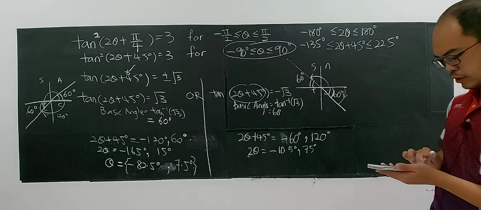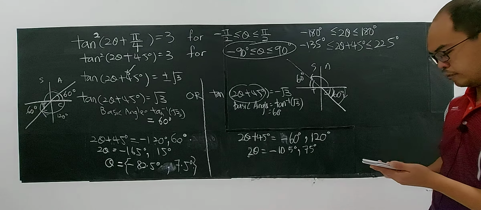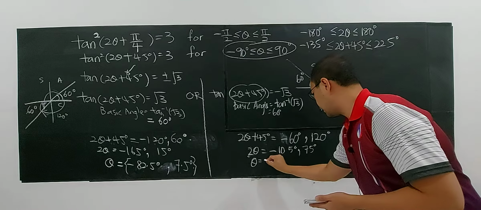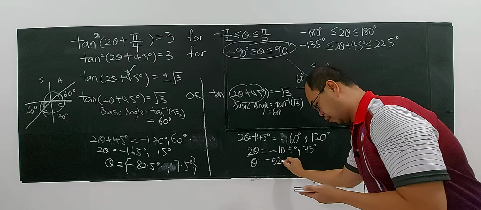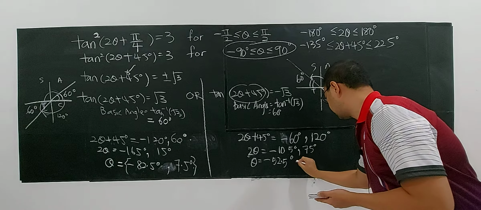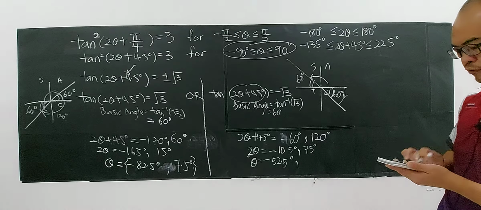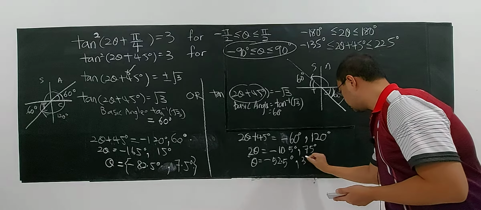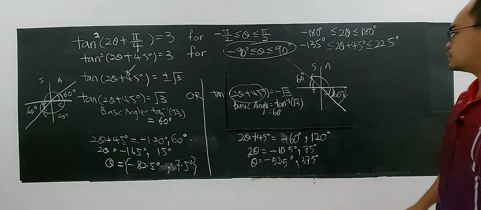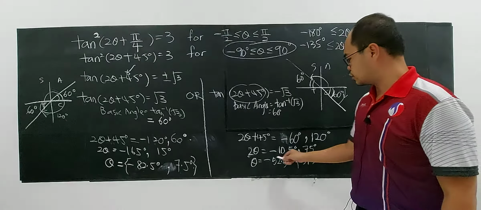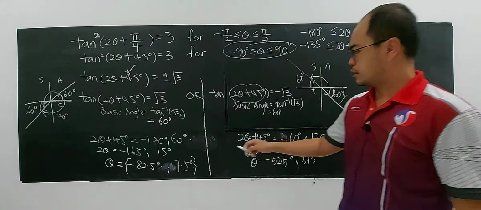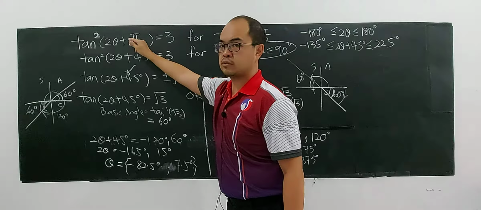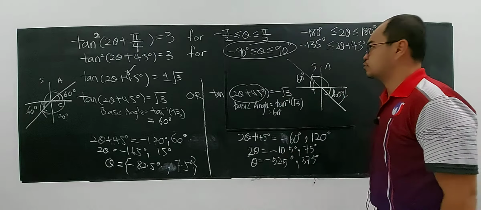So you take negative 105 divided by 2, theta will be negative 52.5 degrees, and 75 divided by 2, you have 37.5 degrees here. So now you have all the solutions. This solution satisfies this one, and these two come from this, based on this, right? So all of these are solutions for this problem.